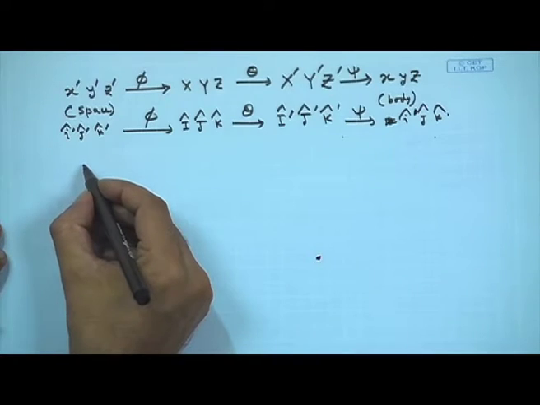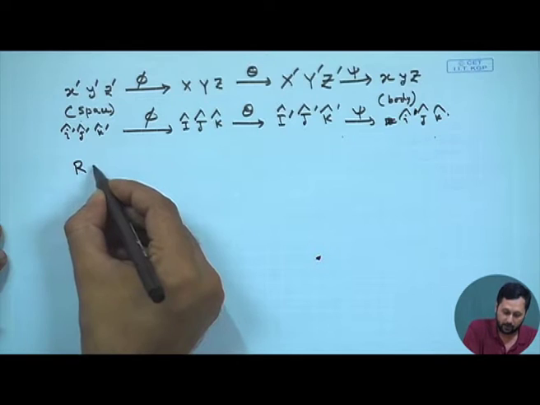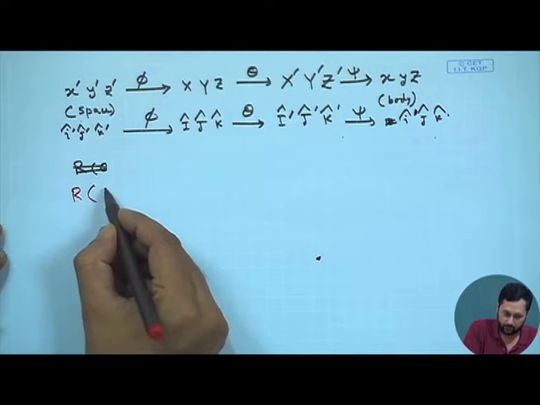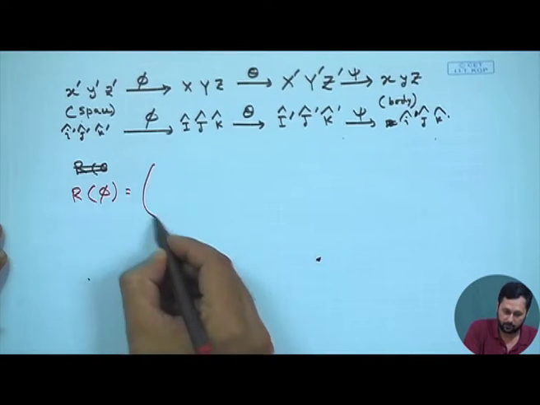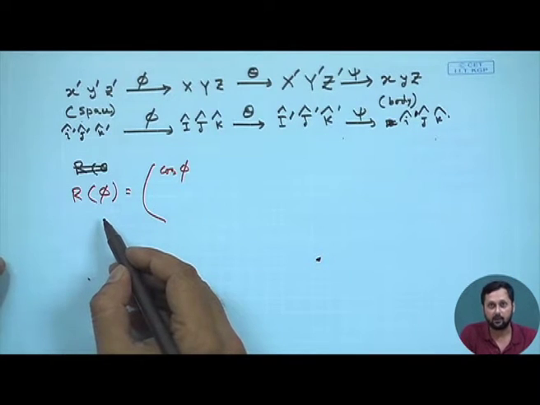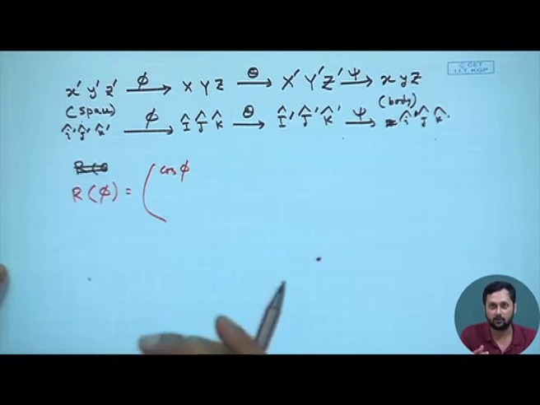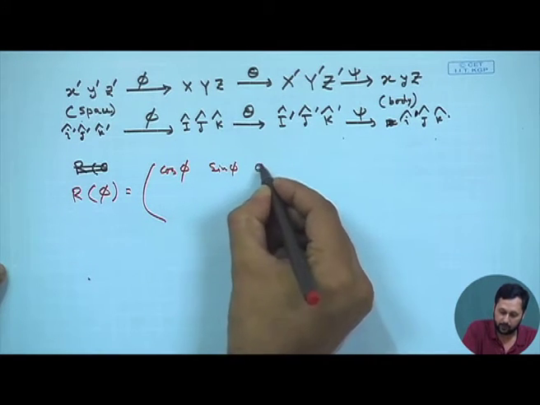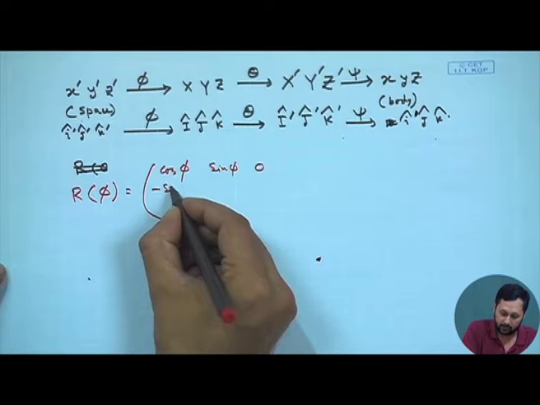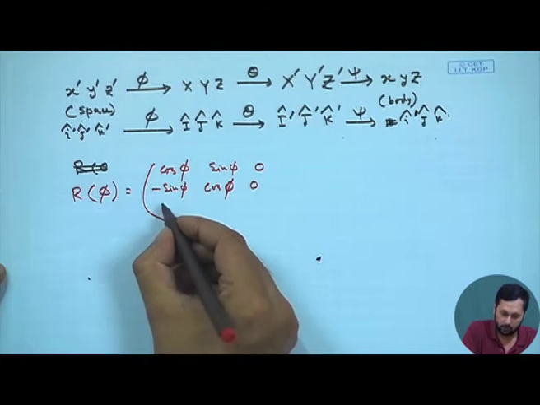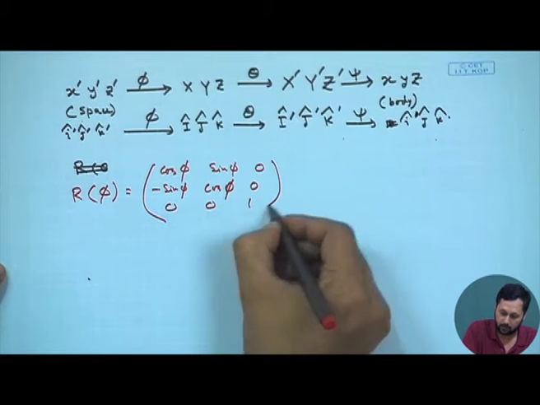So, this rotational transformation matrix, if I write it out, first we have to start with R phi, and please remember that the phi rotation is around the z direction. So, we have cos phi, sin phi, 0, minus sin phi, cos phi, 0, 0, 0, 1.